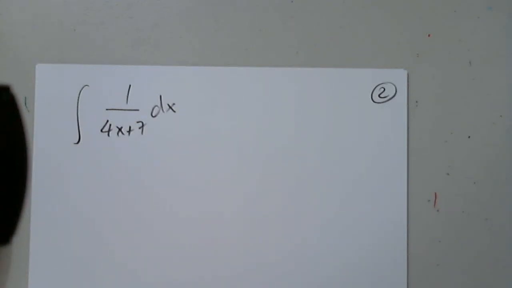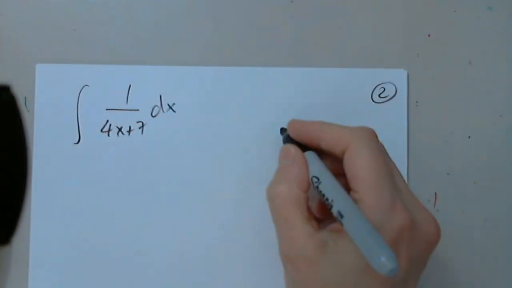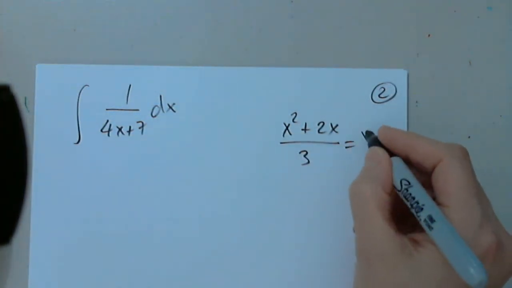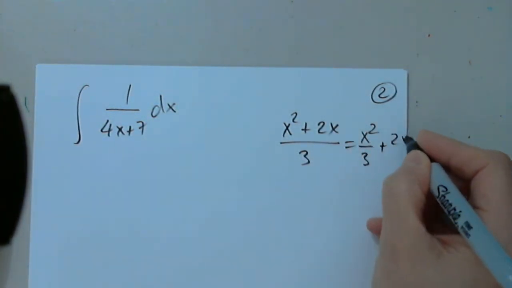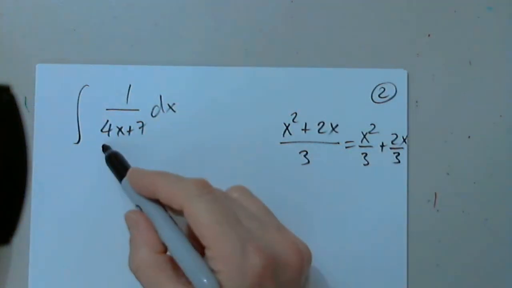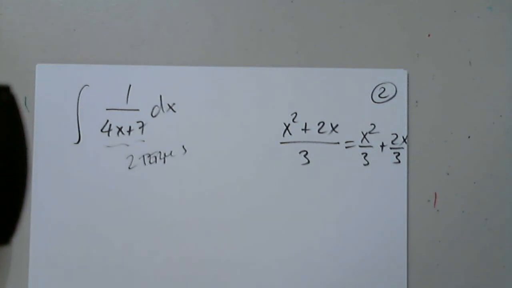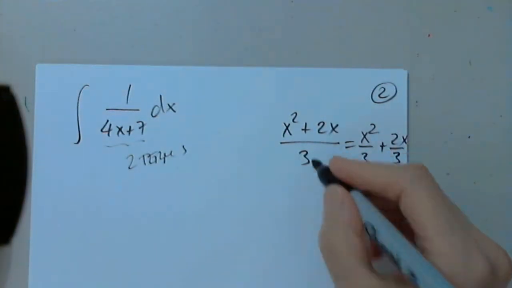It's carved in stone. We can't separate. We can separate if we have, say, x squared plus 2x over 3. Yes, this I can: x squared over 3 plus 2x over 3. But here I have two terms. Terms in the denominator cannot be separated. In the numerator, yes, if I have just one term in the denominator.